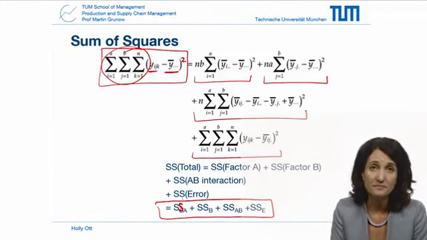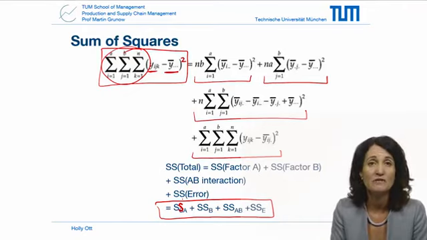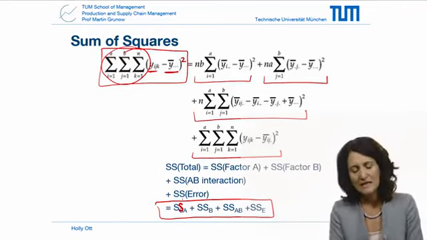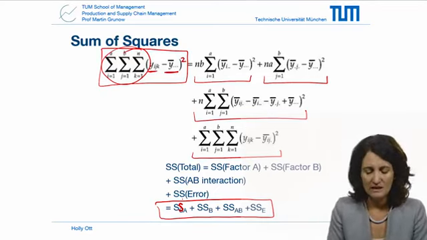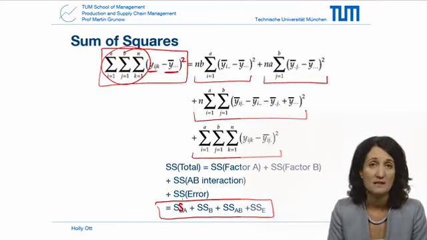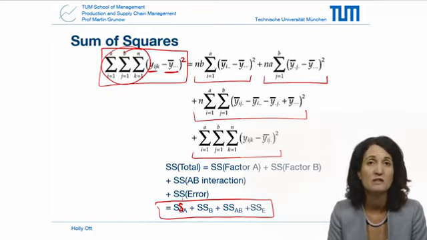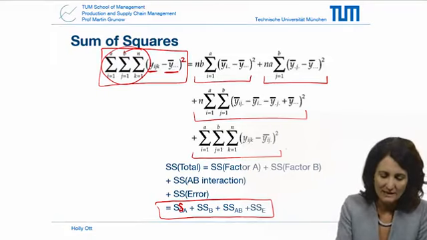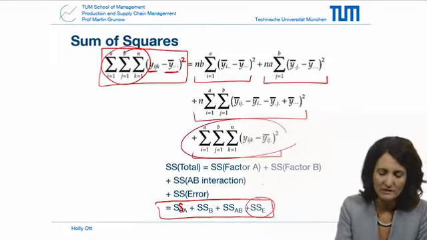Now, each of these estimates of the variability has a number of degrees of freedom equal to the number of independent squared terms that are summed. So for example, if we look at this SSE, this error term here, right?